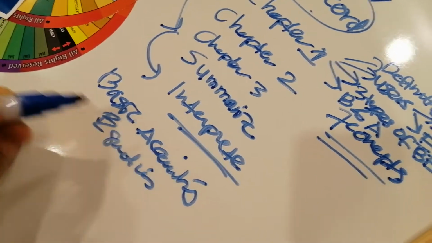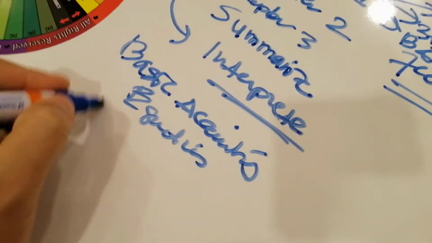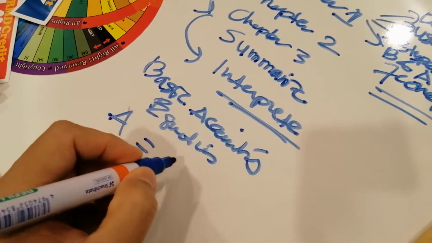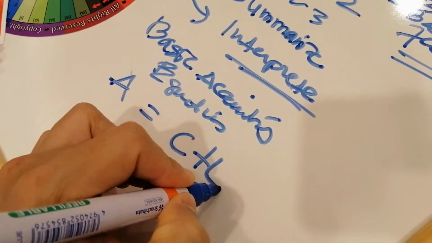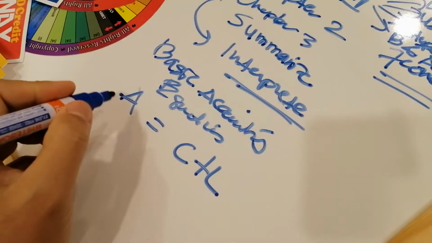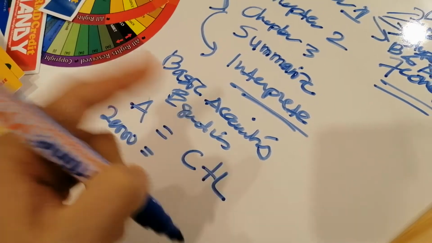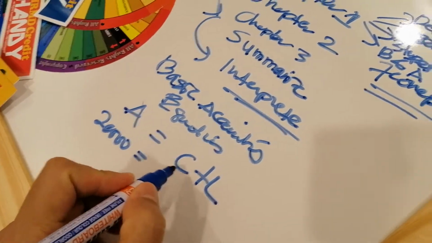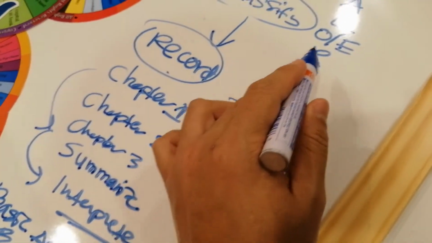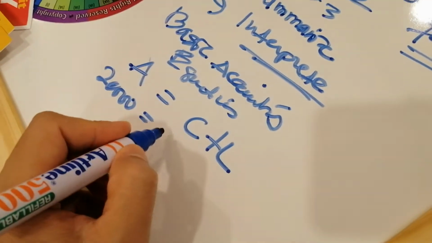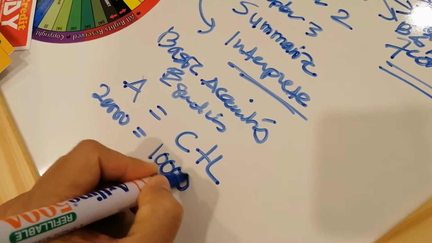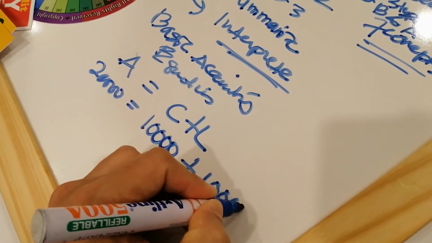If you still remember, A equals C plus L. So whatever amount for A, like say 20,000, it must be equal with C, capital representing the owner's equity, like say owner's equity is 10,000 and liability also 10,000.